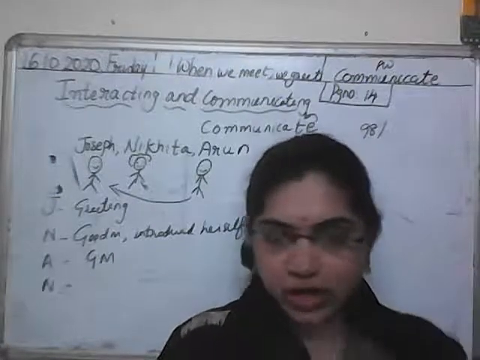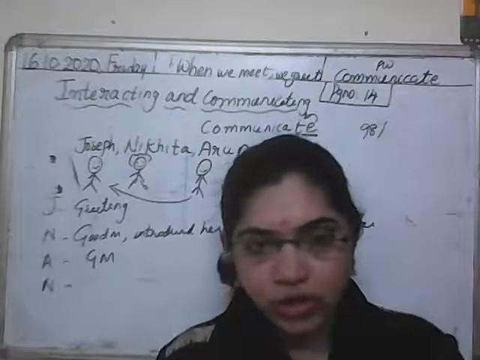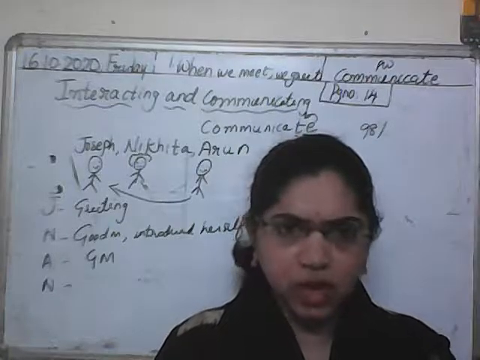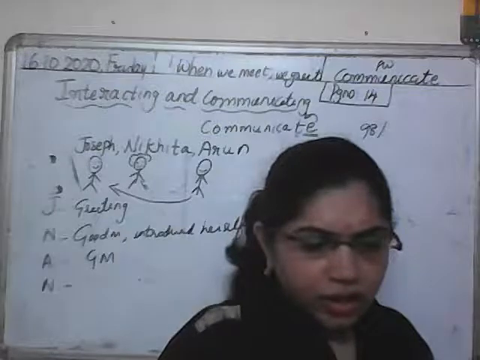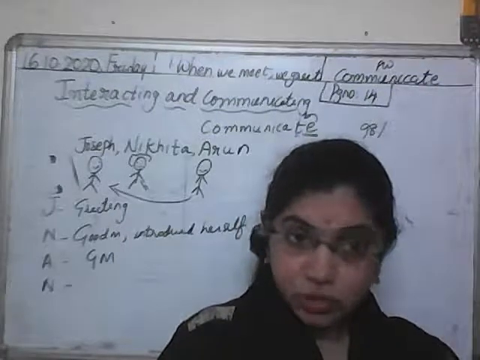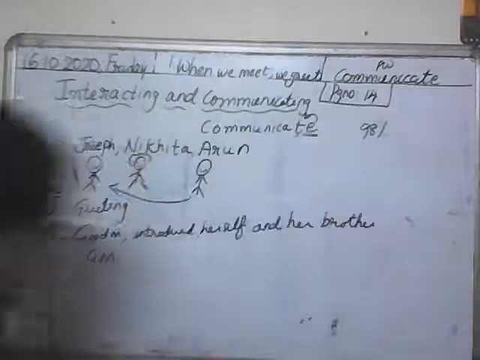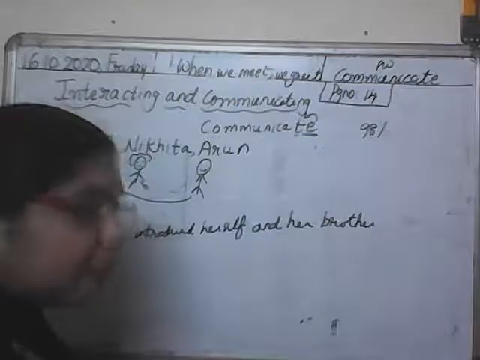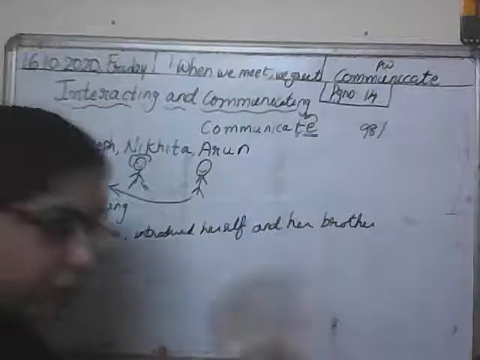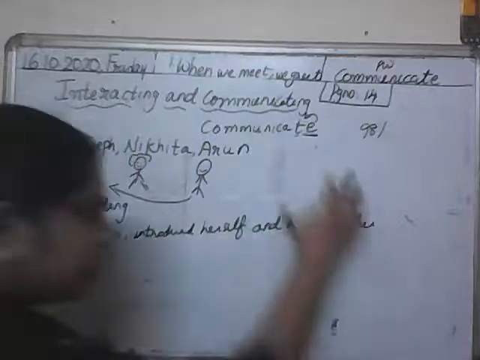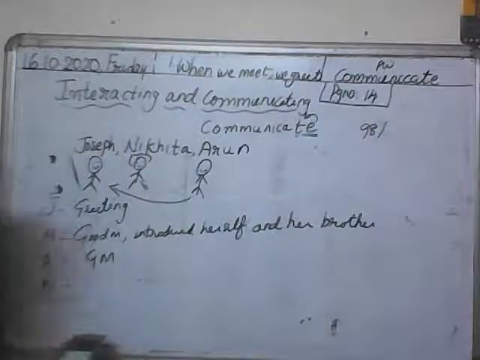Self-introduction is over. Introducing the brother is also over. So what is the next question? How are you? A simple question. How are you, Joseph? Then this is Joseph's response. You need to respond also. You need to put a question, and you will get the response. Again, you need to respond. You need to carry on the conversation to the further lines.